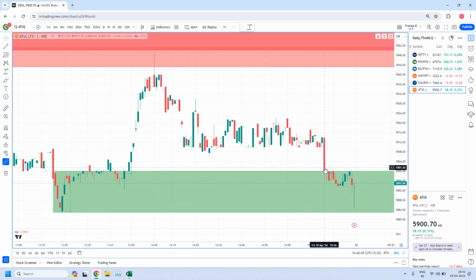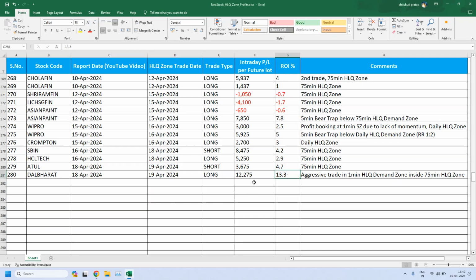But F&O traders would have exited in this candle. And how much opportunity has Atul given us today? Atul has given a 3,675 rupees opportunity. How much you captured from this is a different story. But this is the opportunity Atul has given, and this is the opportunity Dalmia Bharat has given to us.